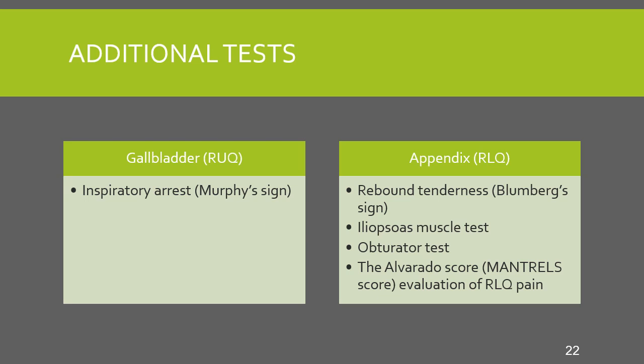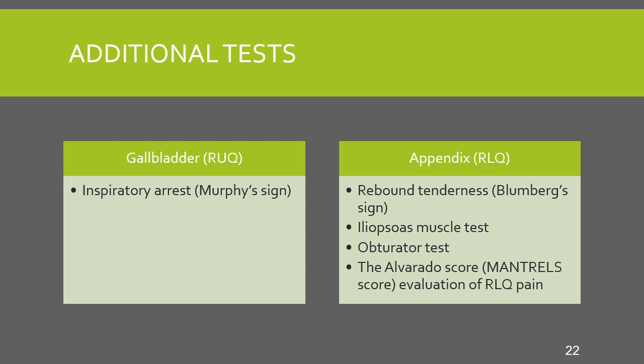Engaging the psoas muscle, which runs basically from the top of the anterior thigh inside the pelvis and attaches up on the inside of the anterior spine. When that muscle engages, the appendix is right up against it. So if the appendix is inflamed, it's incredibly painful.